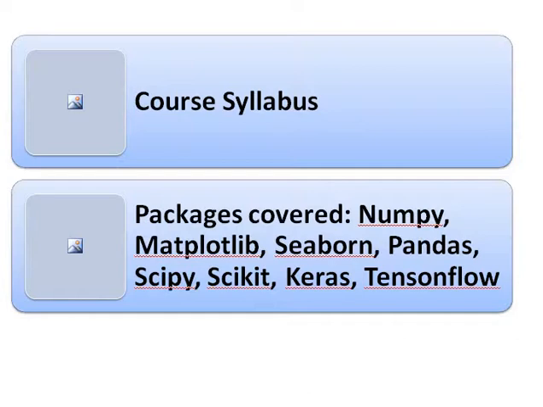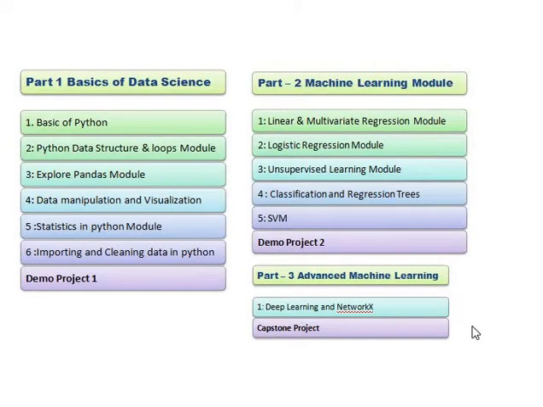In my course, I have divided it into 3 parts. First is basics of data science, the second is machine learning, and third is advanced machine learning. In basics of data science, we will learn only the Python which is required for data science. No need to learn everything in Python.